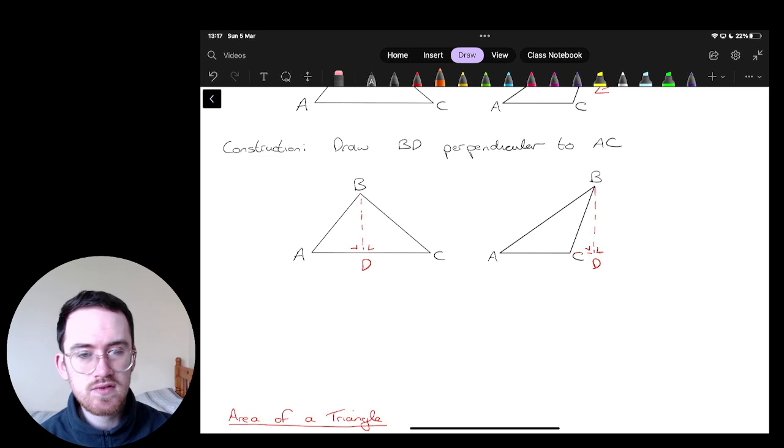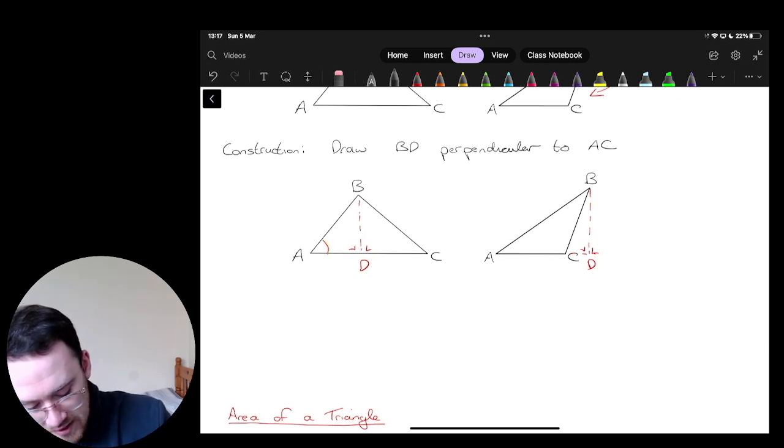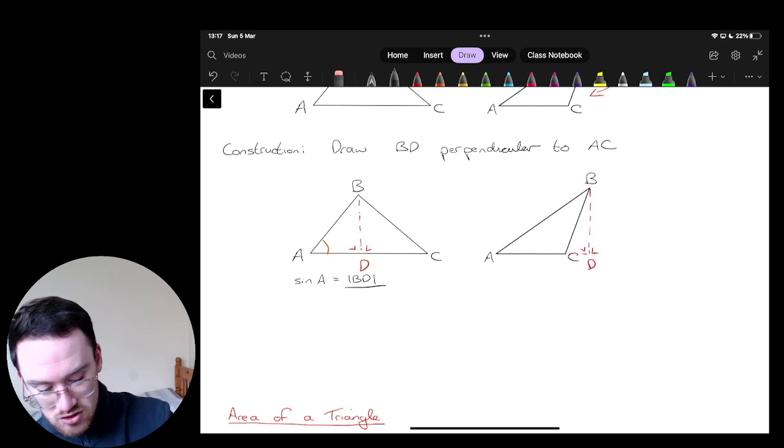What we want to do now is take each of our angles. We want to pick two of the angles, so we'll do A and C. We need to include that obtuse case, and we'll do A as well. If I start with angle A, sine of A is going to be BD over which side? I need to label my sides.